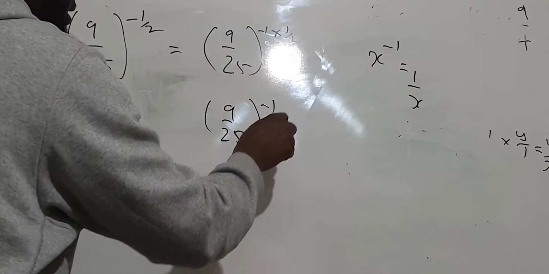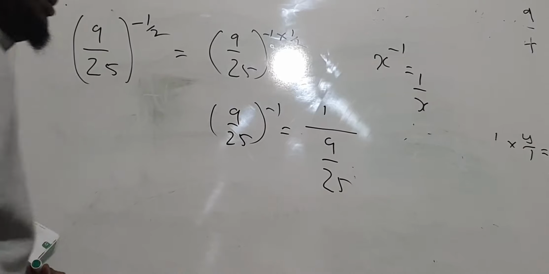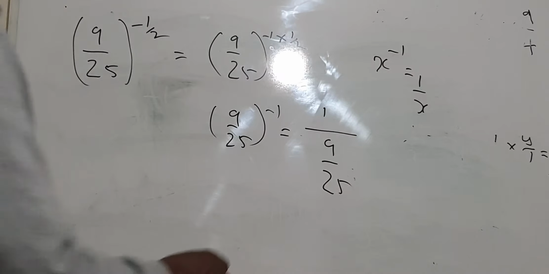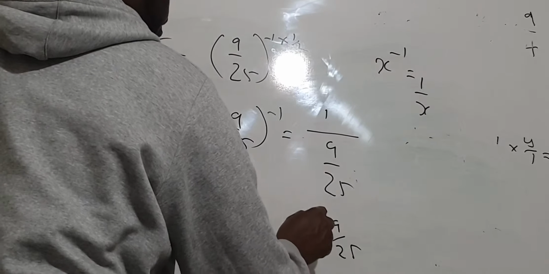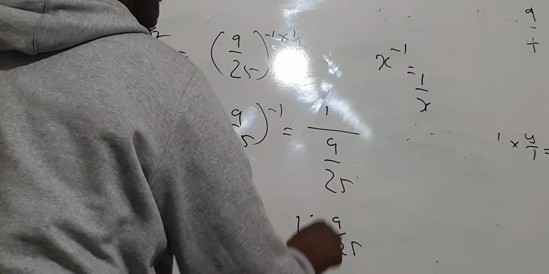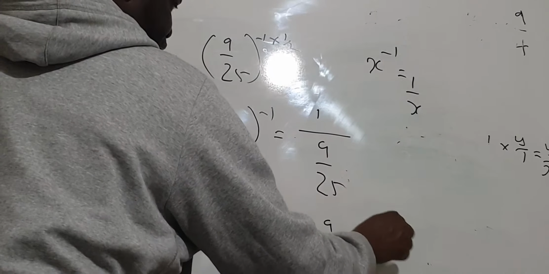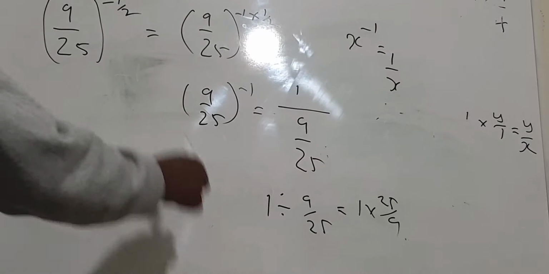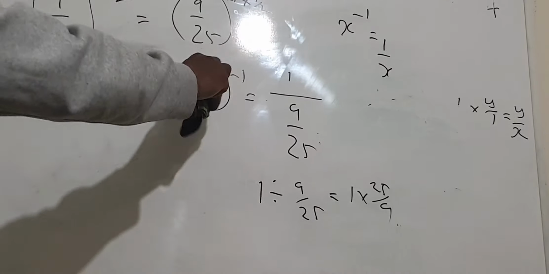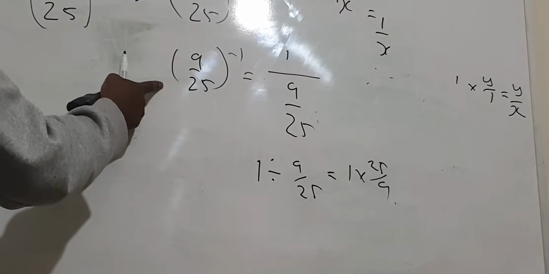That is 1 over 9 over 25, which means 1 divided by 9 over 25. We leave the 1 and this one is divided, making 1 over 1 times 25 over 9.